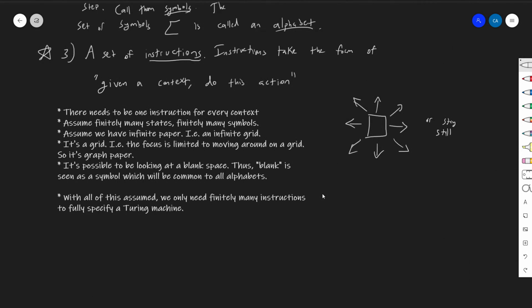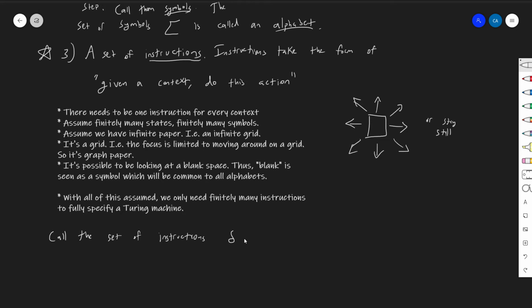So I'm going to call the set of instructions delta. And I'm going to try to avoid the notation here.